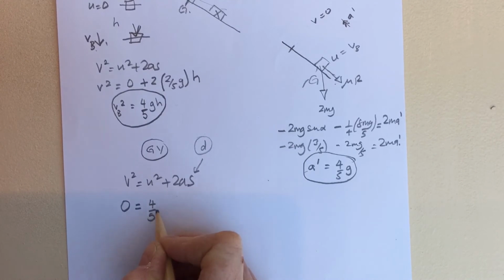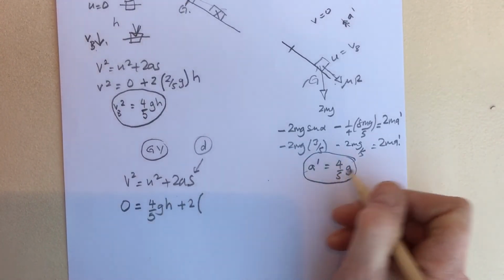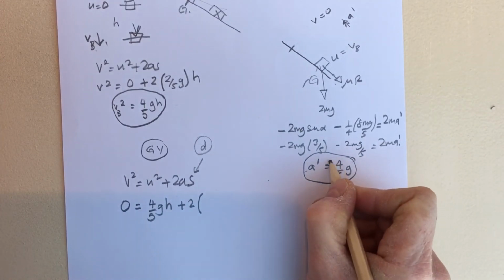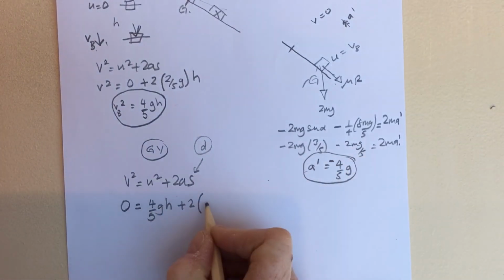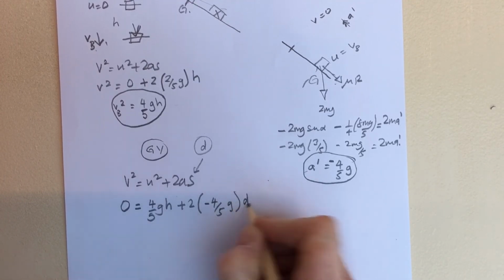So 4/5 gh plus 2 lots of, I made a mistake here, that should be a minus obviously, minus 4/5 g, and that's times d.